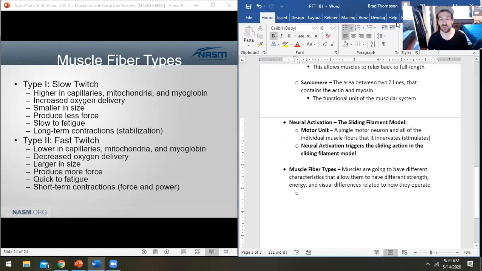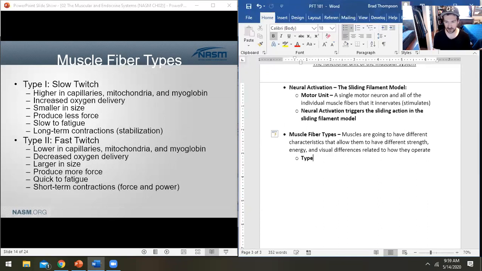So our muscle fiber types: we've got type 1 fibers, which are called your slow twitch fibers, okay? Now, your slow twitch fibers tend to be smaller in size, that's their defining characteristic. They produce less force, but they are associated with stabilization and endurance type exercises.